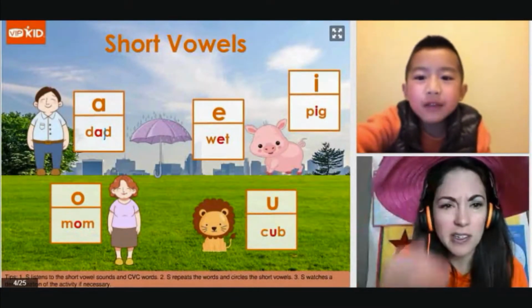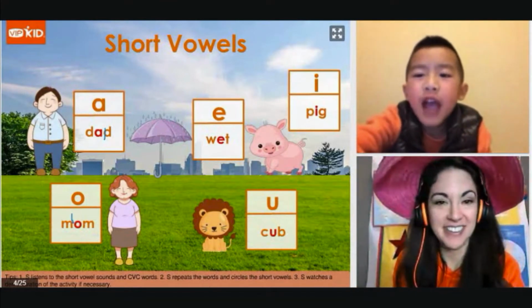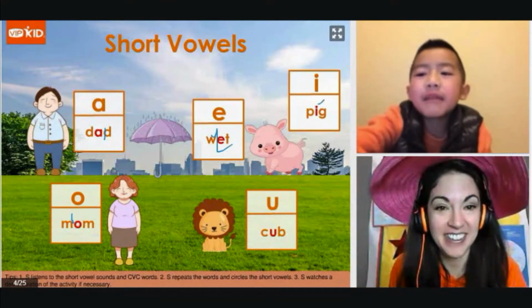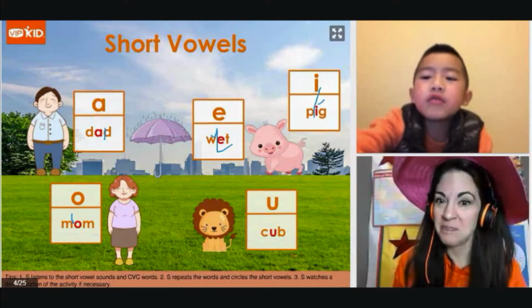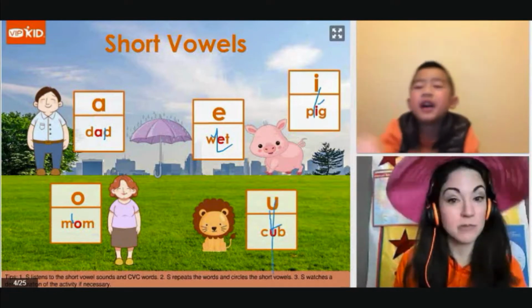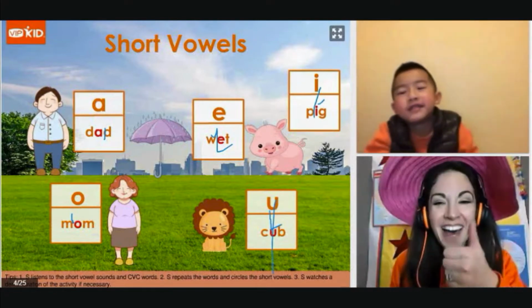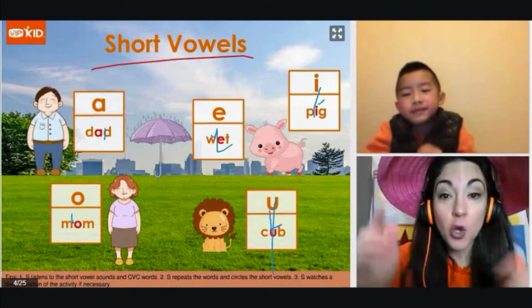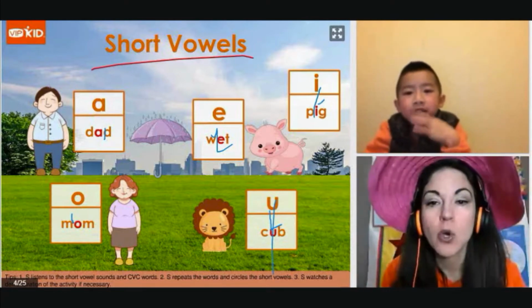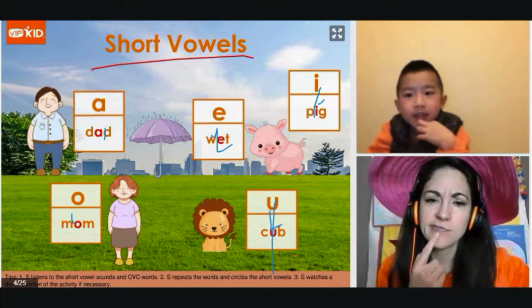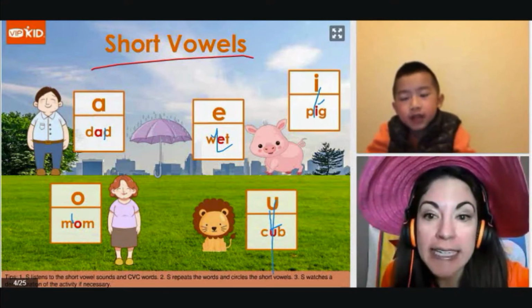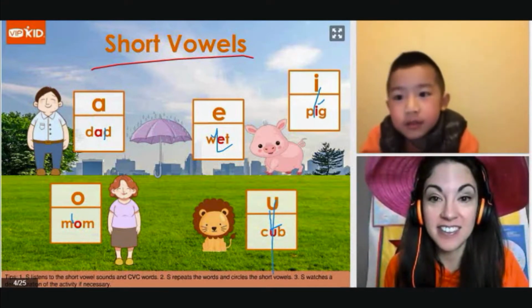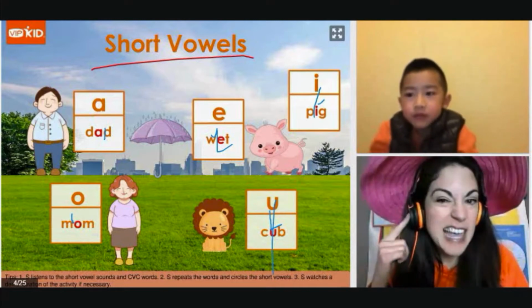Dad, on, mom, wet, it, pig, cub, up. Yes. These are short vowels. Short. What is short E? What sound?